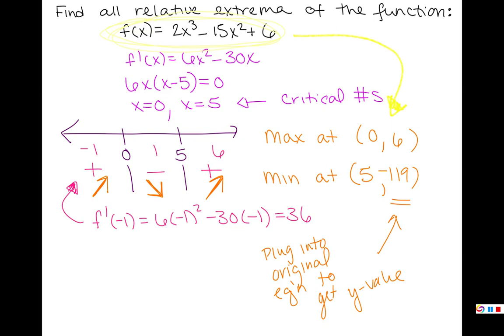If I plug 0 into f of x, I get 6. That's my y value. If I plug 5 in, I use my calculator for that. I got negative 119. So that's my y value at 5. So we have a local min at 5, negative 119.